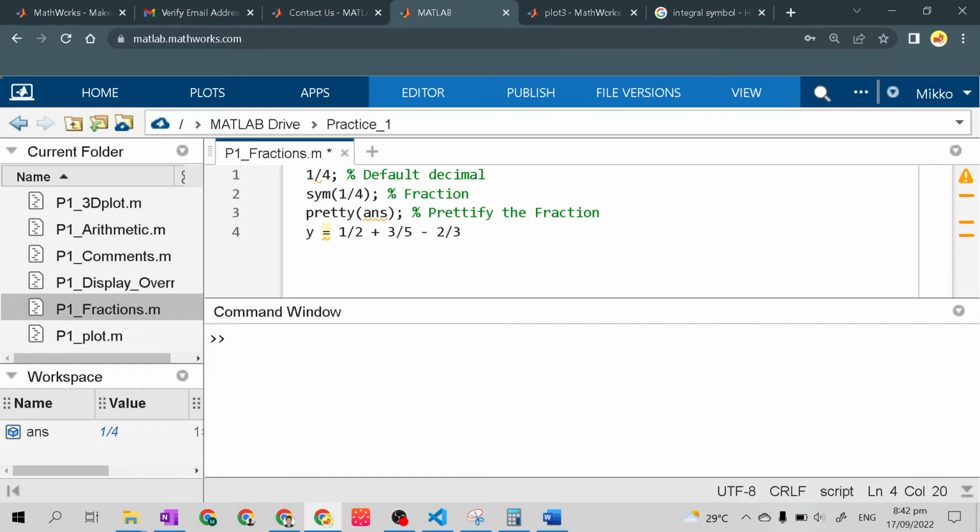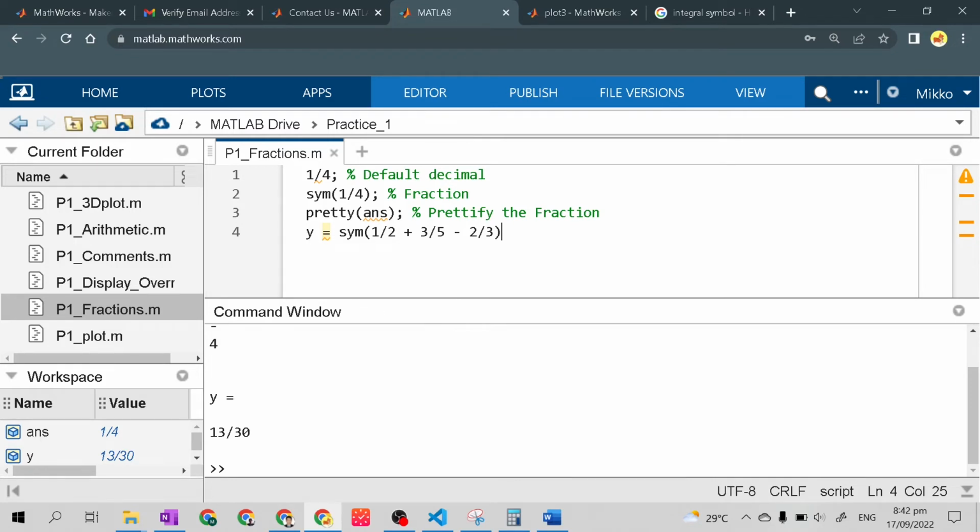So to make these fractions, let's put the sym syntax, then enclose the operation in open and close parentheses. If we run this, the answer should be a fraction.